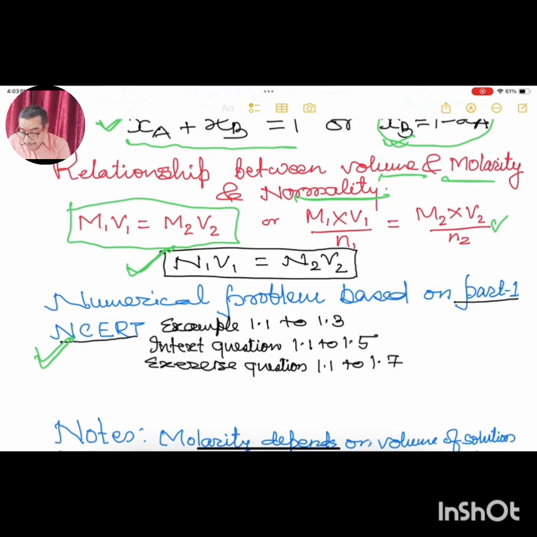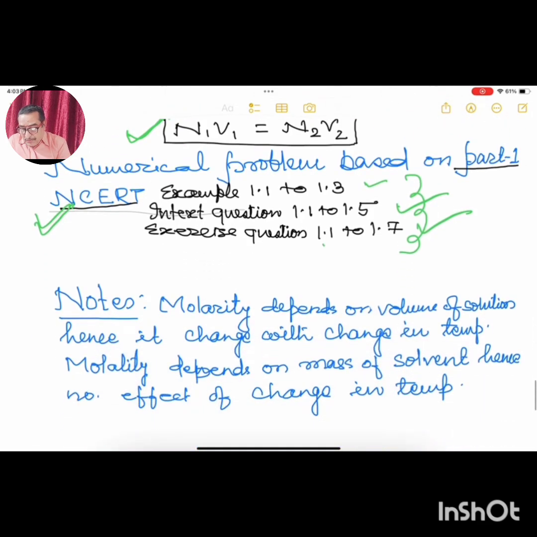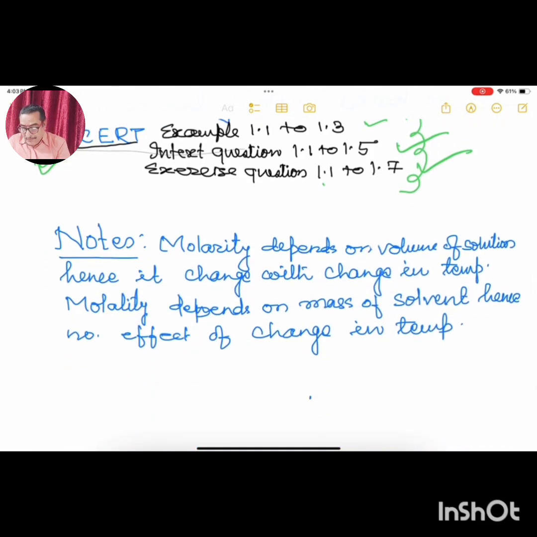If you come to NCERT, these questions are purely based on today's topic: Example 1.1 to 1.3, in-text 1.1 to 1.5, exercise 1.1 to 1.7. I already discussed these things, but I again repeat, these are very important parts.